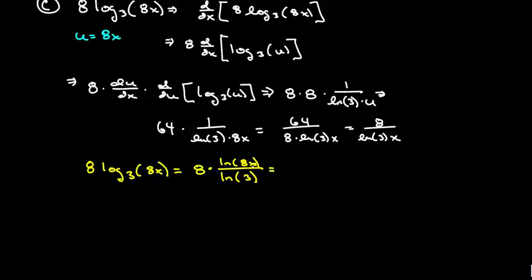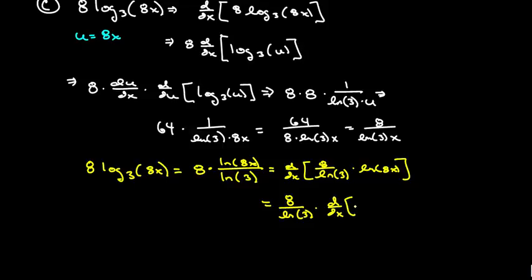And we know the natural log, so d dx of this guy, I can put 8 over the natural log of 3 and multiply that by the natural log of 8x. So this is just a number, so let's pull that out. So that'll be 8 over the natural log of 3 times d dx of the natural log of 8x.